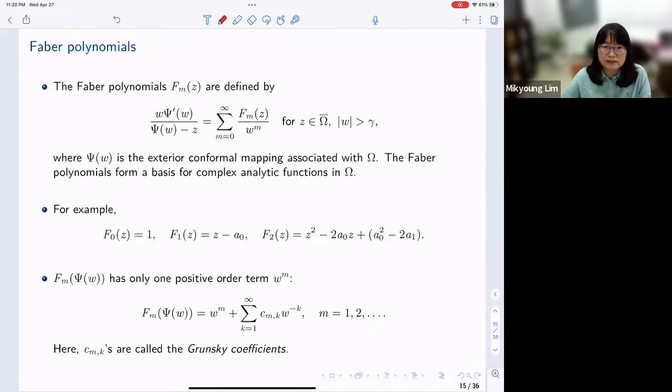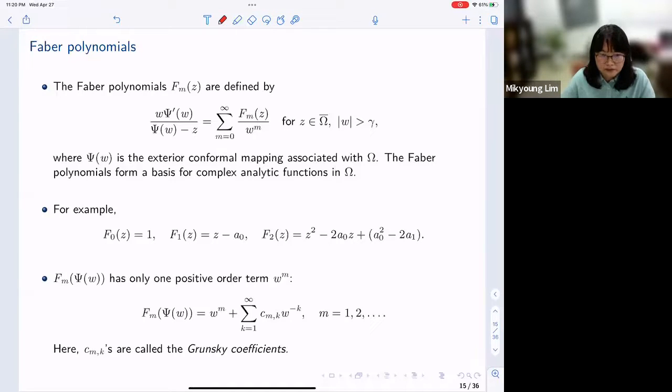And actually this function is a polynomial of order m, and the leading coefficient is 1 for each index n.